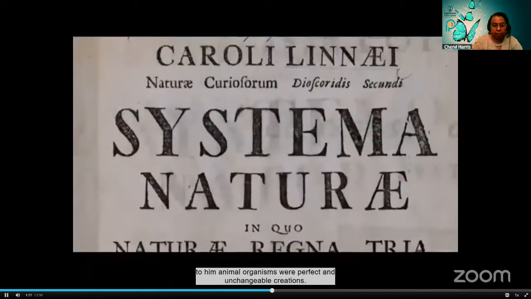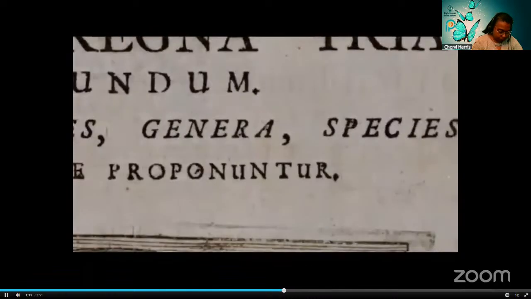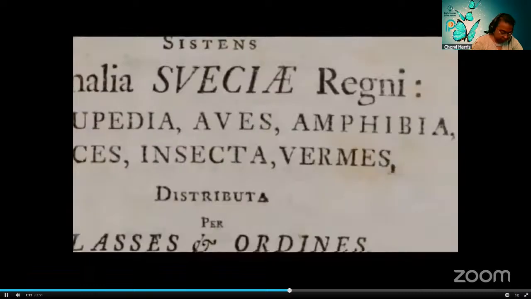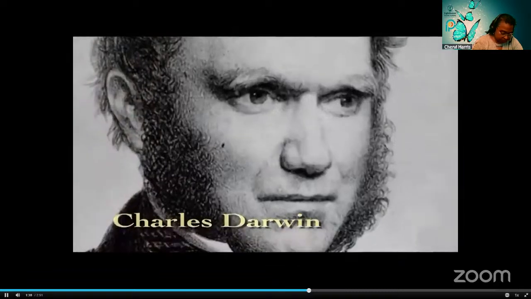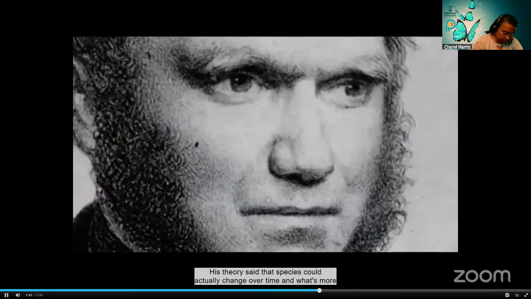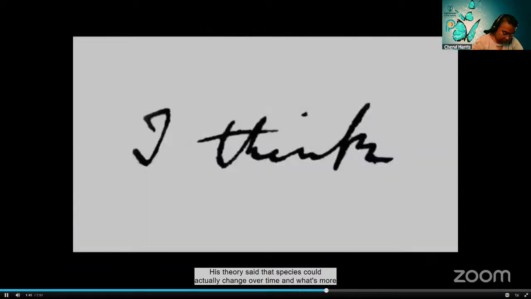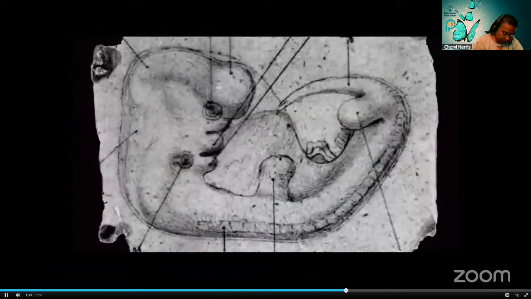To him, animal organisms were perfect and unchangeable creations. 100 years later, Charles Darwin shook the world. His theory said that species could actually change over time. What's more, it also implied that all animals may have descended from a single common ancestor.